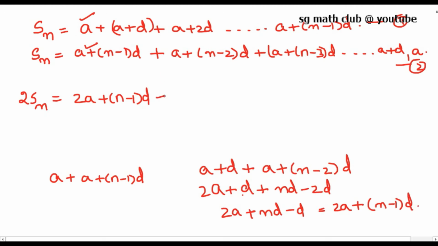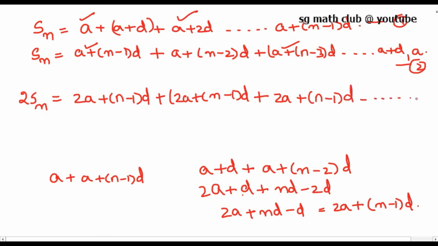So the next term will be 2a plus n minus 1 into d. Again, when you add a plus 2d and a plus n minus 3 into d, you will get the same answer, 2a plus n minus 1 into d. Like that, n terms are there.